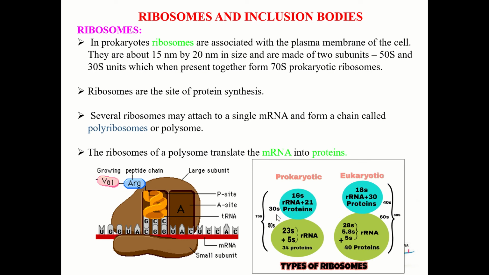So that is the sedimentation coefficient. You cannot add 30 plus 50 and get 70S. Similarly, 40 and 60 won't give you 80S. It is not addition, it is just a sedimentation coefficient.